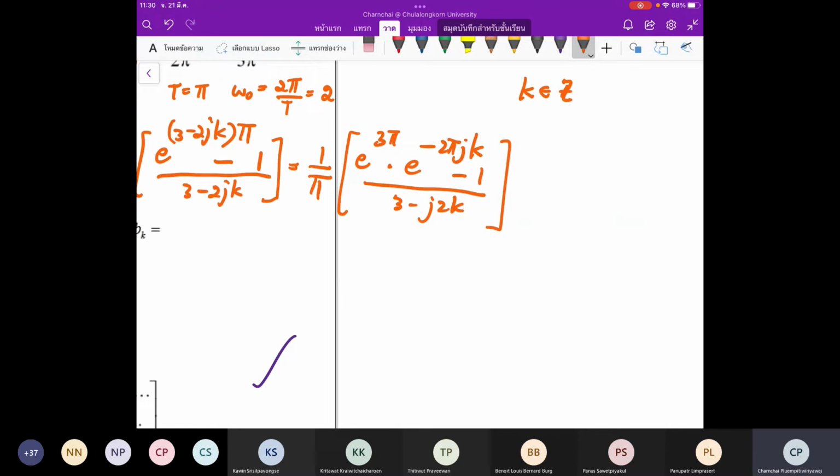So this is e to an integer multiple of 2 pi j, which is cosine of a multiple of 2 pi, which is 1. This whole thing is 1. But in the denominator there is a complex number, so I multiply by 3 plus j2k over 3 plus j2k to make the denominator a real number.